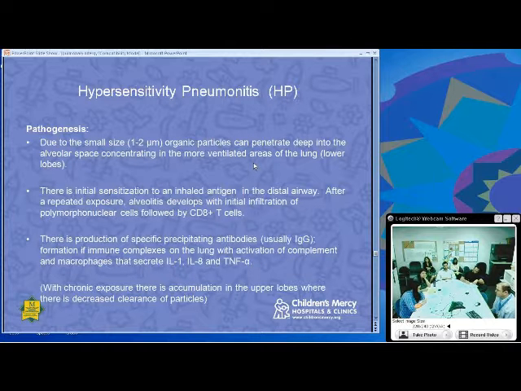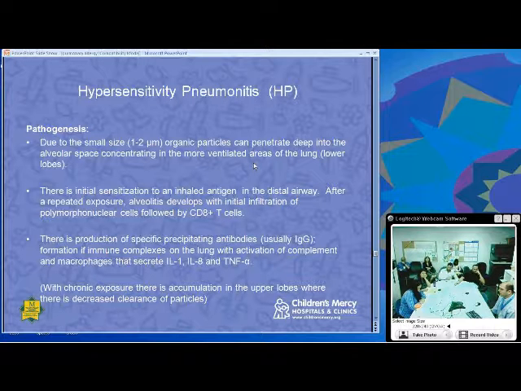These organic dusts are very, very small, and that's why they can penetrate all the way to the alveoli and produce alveolar problems. Once they are there, they go to the areas of the lung that are more ventilated, which are the lower parts of the lung. That's why initially we see that the patients have interstitial infiltrates in the lower parts of the lung.